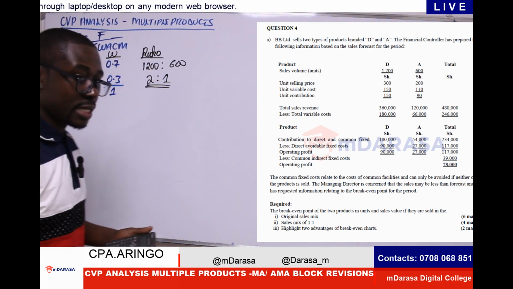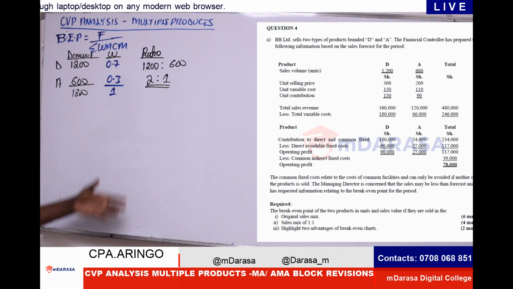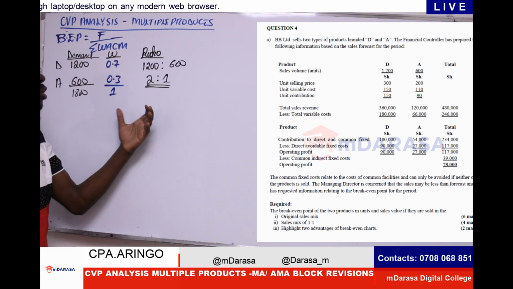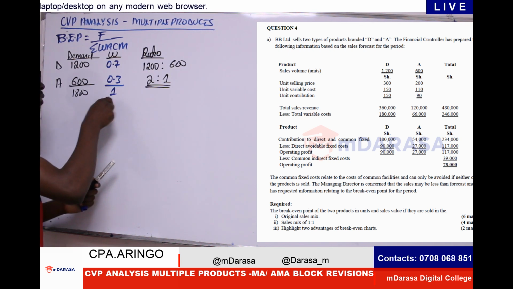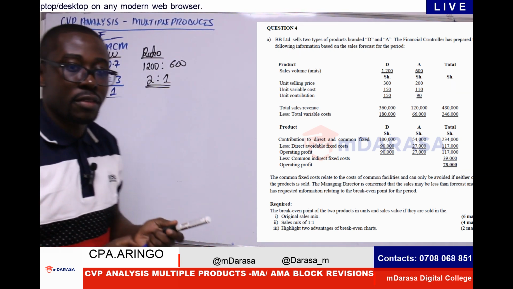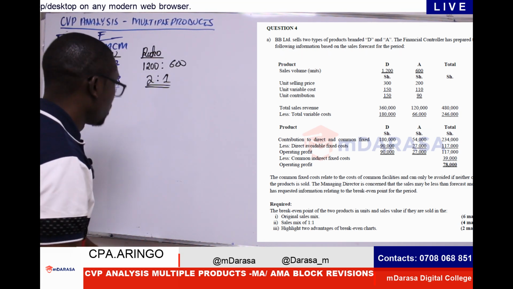We're just dissecting it slowly. So at this point you have a ratio of 2:1, and when you are looking at the weights, these are weights. Once we have that in mind, things will be easy for us to proceed.